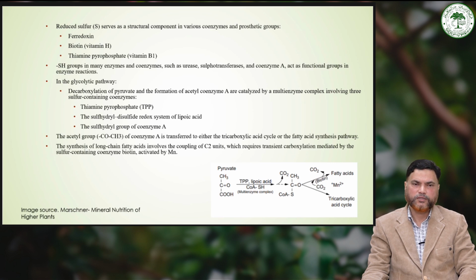For example, the decarboxylation of pyruvate and the subsequent formation of acetyl coenzyme A are catalyzed by a multifunctional enzyme complex involving 3 sulfur containing coenzymes, and that is thiamine pyrophosphate, the sulfhydryl disulfide redox system of lipoic acid, and the sulfhydryl group of coenzyme A. So following this enzymatic process, the resulting acetyl group of coenzyme A can be further esterified, you see in the figure, into the tricarboxylic acid cycle or TCA cycle or to the fatty acid synthesis pathway.